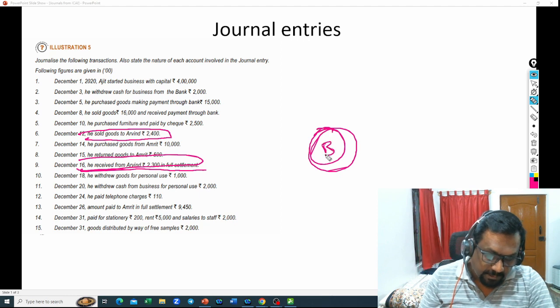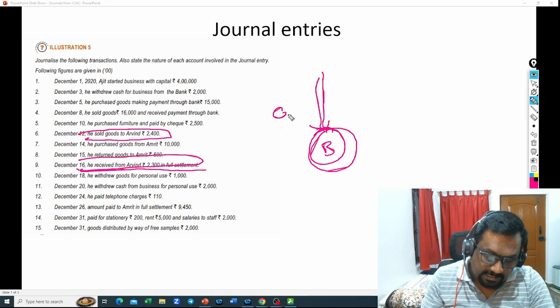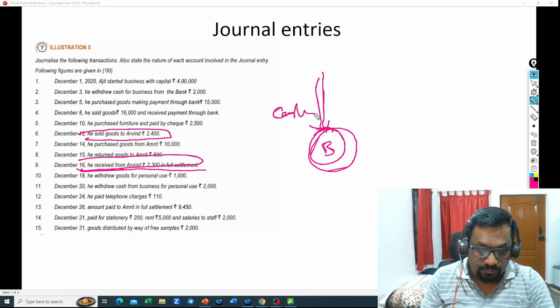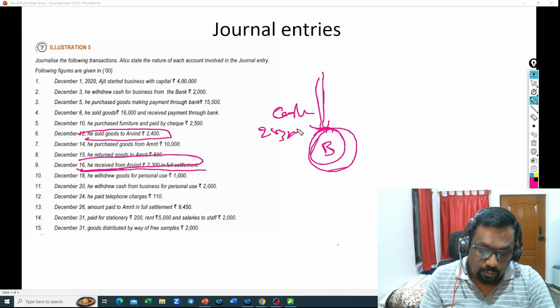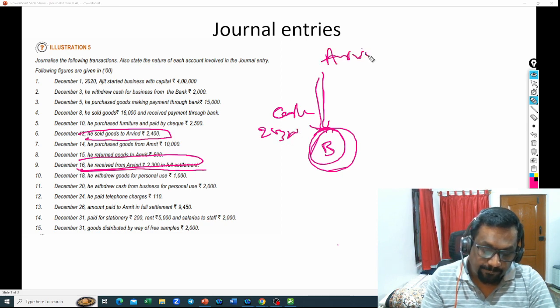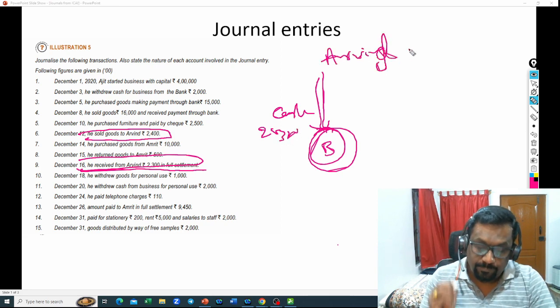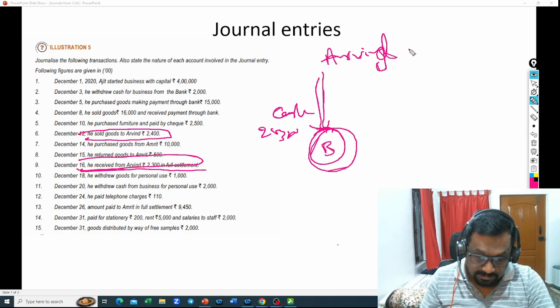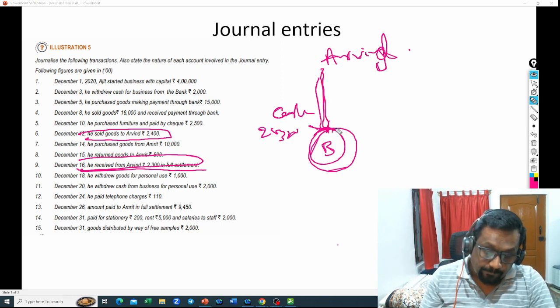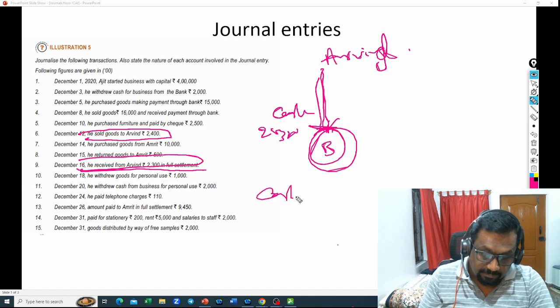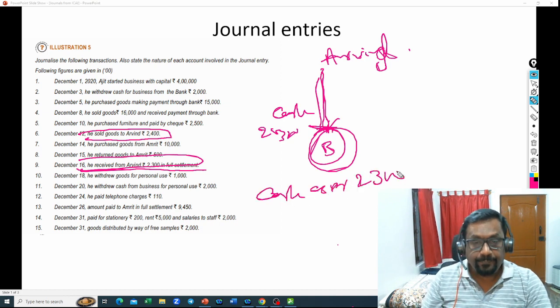When we receive cash from Arvind, 2,300 cash comes in. Who is the giver? Arvind. Cash received, real account, cash account debit 2,300, right?